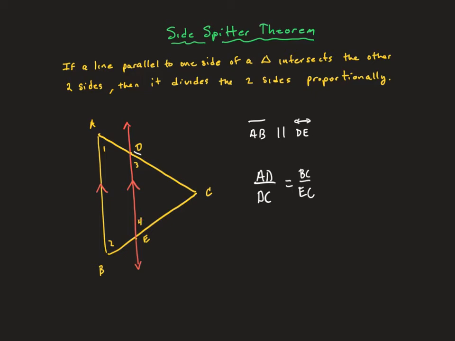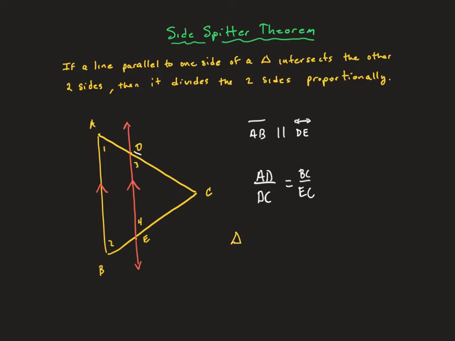So that tells me then that triangle ABC is going to be similar to triangle DEC, because I have angle-angle. So they would be similar by angle-angle.